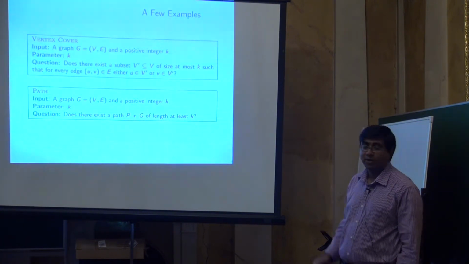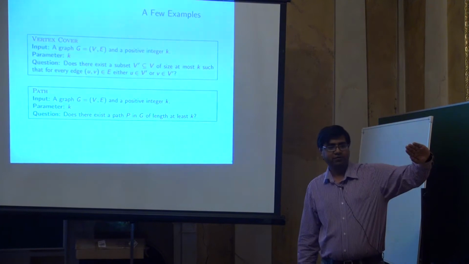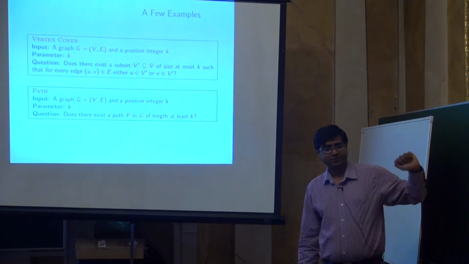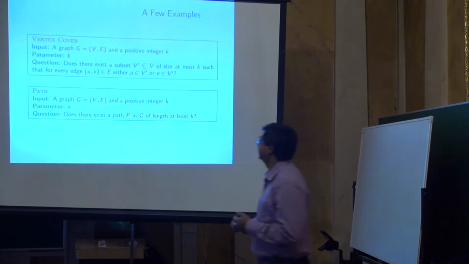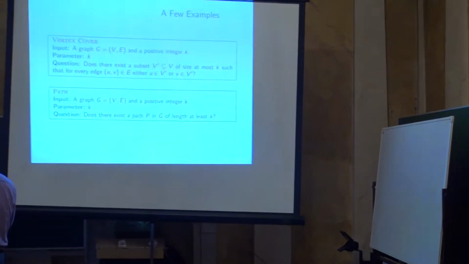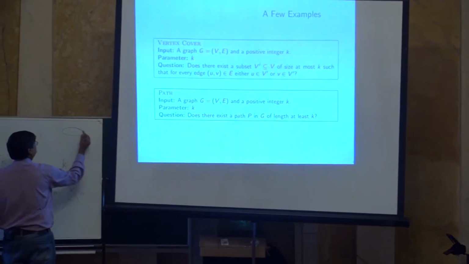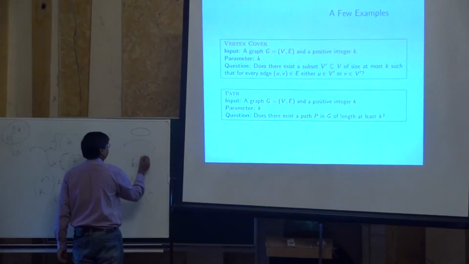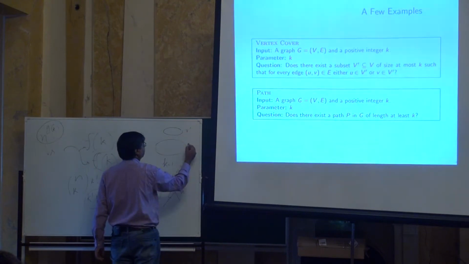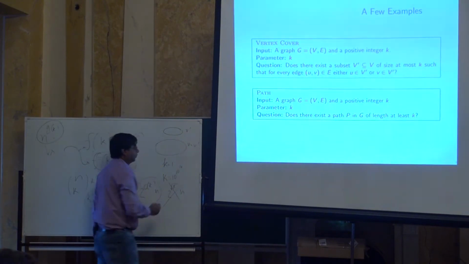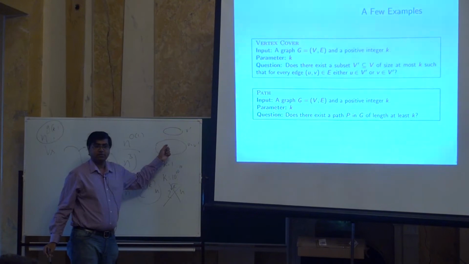Okay, so what is the complement of a vertex cover? If a set of vertices is a vertex cover, what is outside? So this is my vertex cover of a graph, and this is the remaining part. This is what I'm going to call V prime, and this is V minus V prime. Can there be an edge here?